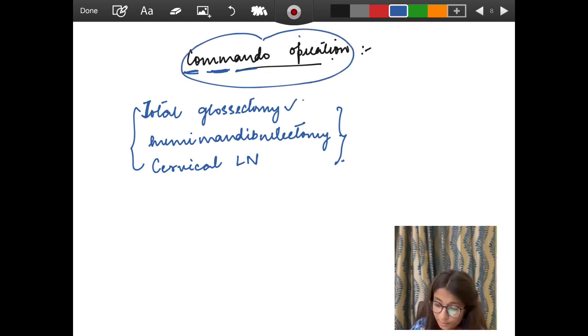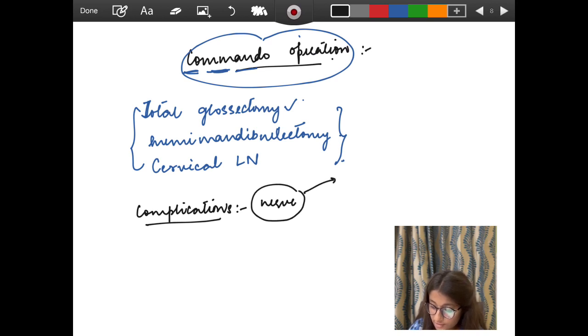So what are the complications of the commando operation? There can be a nerve injury. The nerve most commonly injured is the marginal mandibular nerve, so there will be drooling of saliva.